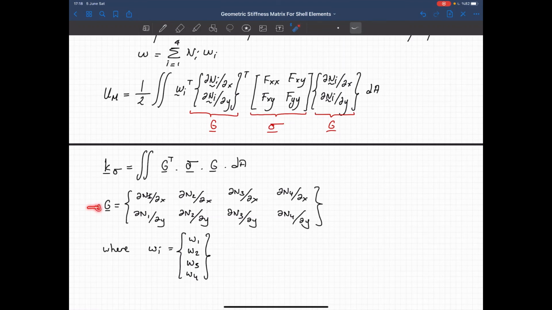So you calculate the G matrix, perform this integration, and you obtain your additional strain matrix.